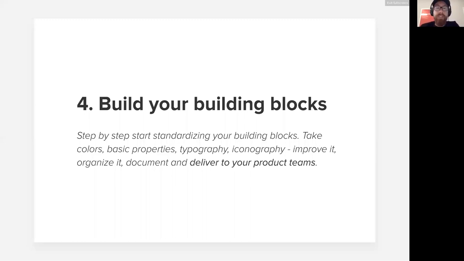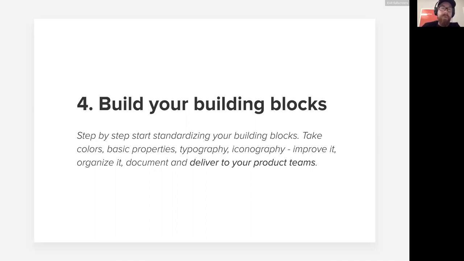The first sprint that we started, or a series of sprints in fact, was all about building the building blocks, right? Building our design language. And design language, as you might remember, consists of many different things: colors, typography, iconography, all these pervasive tiny elements of everything that we do in the design world, right?